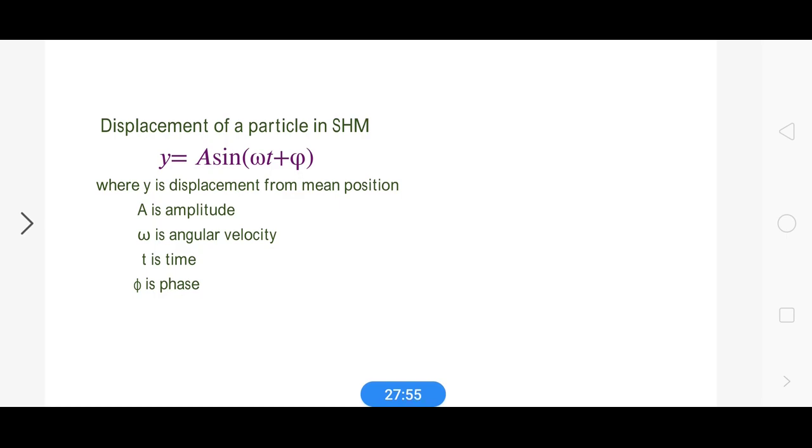So this is the displacement of the particle: y is equal to a sine omega t plus phi. y is displacement, a is amplitude, omega is the angular velocity, t is the time, and phi is the phase which indicates the initial position of the particle.